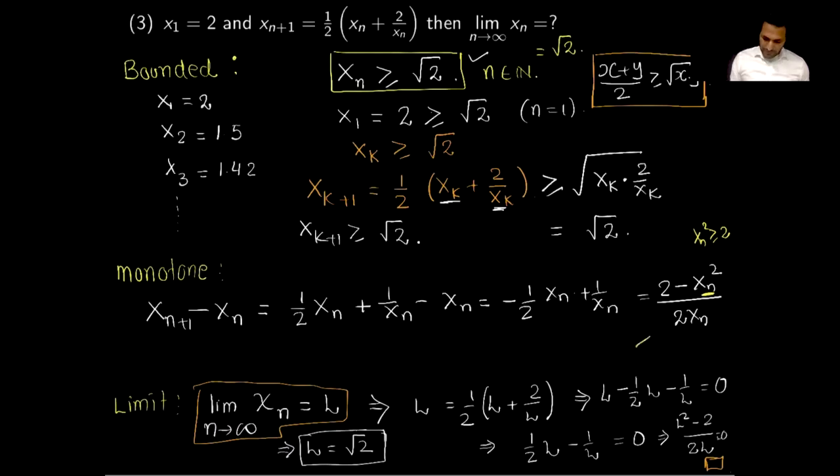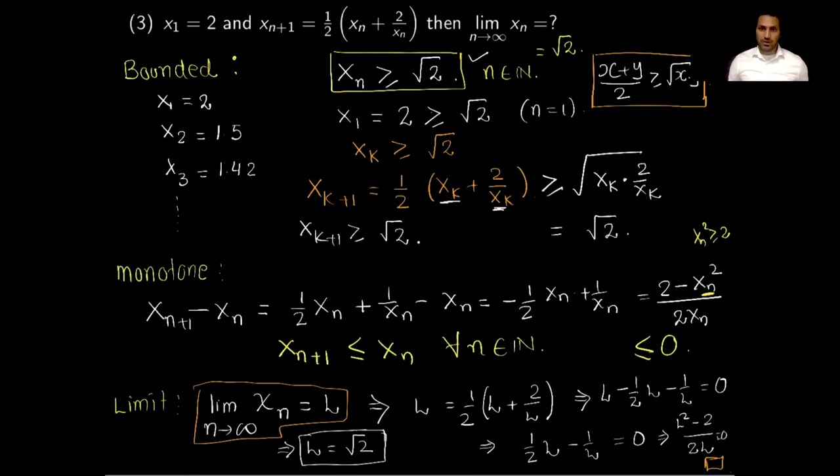So this term is always negative because xn squared is always greater than or equal to 2, and this comes from this inequality. And this shows that xn plus 1 is less than or equal to xn for all values of n belonging to the set of natural numbers, so this sequence is a decreasing sequence.